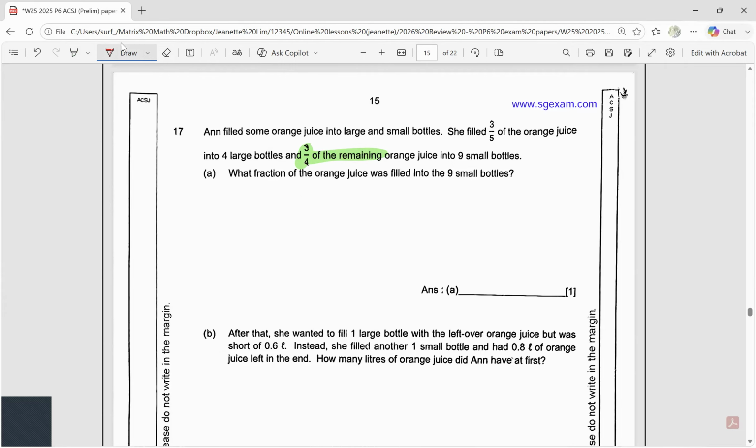What fraction is that? The remaining is 2/5 because she already used 3/5. So 3/4 of 2/5. Okay, then simplify. This is 3/10. So the answer is 3/10 of the total went into the 9 bottles.